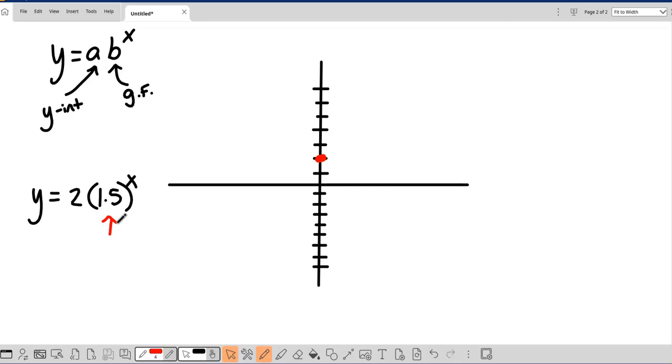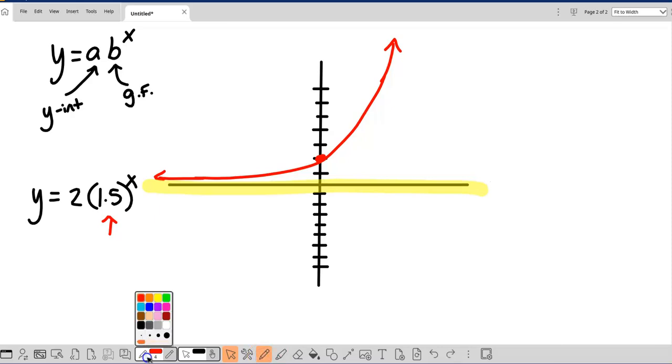And when it's a growth, it's flat on the left, it's up on the right, and my graph would look something like that. We also talked about how these things have horizontal asymptotes at the y-axis. Okay? So that's what we learned yesterday.